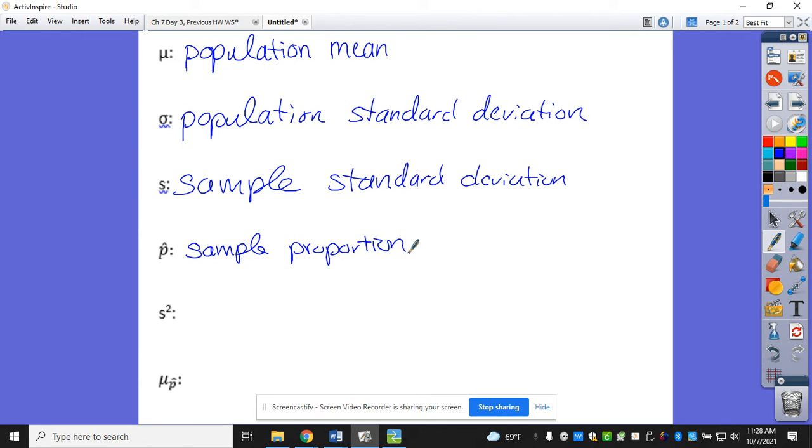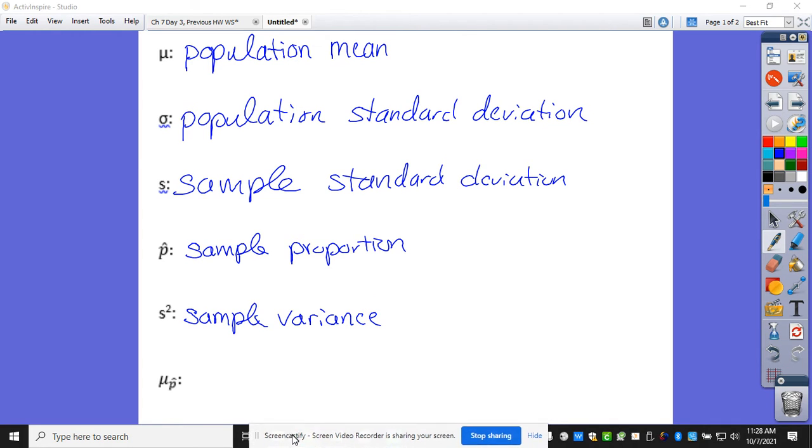What is S squared? Sample what? Variance. What is mu of p hat? Well, mu means it's definitely what? It's mean of what, which was yesterday? Sampling distribution.